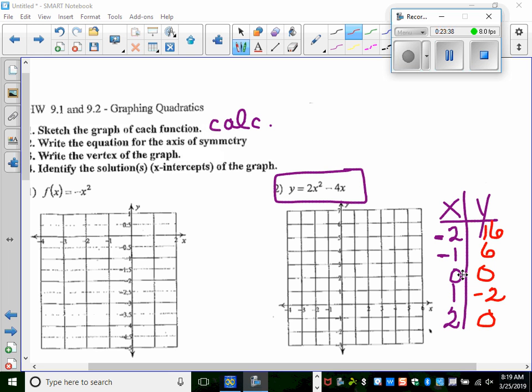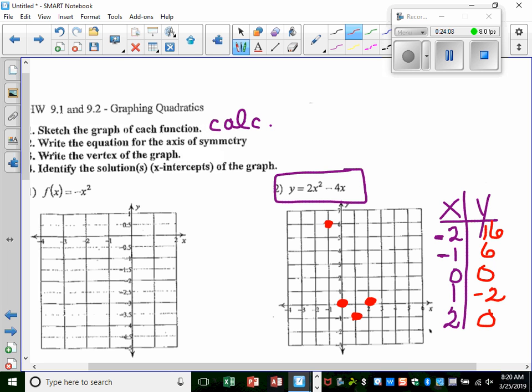So the first one says -1, 6. So I'm going to go to -1 right here. And then I'm going to go up to 6. Okay, then 0, 0. Okay, then +1, -2. Okay. And then 2, 0.